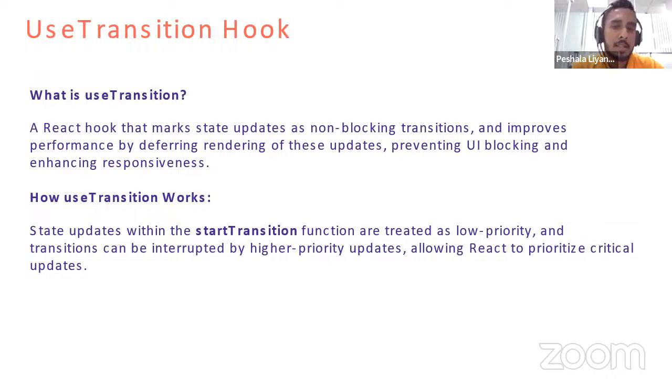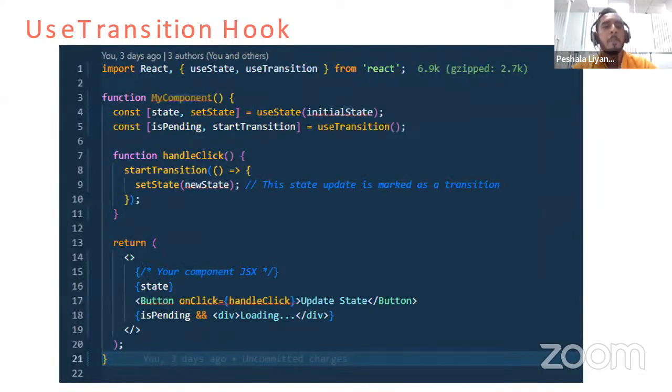So that's what the useTransition hook does. I'll show you an example. As you can see here, there's a button, and on the button click event, I have used startTransition. startTransition we are getting from the useTransition hook, and what it does is it just updates this state.